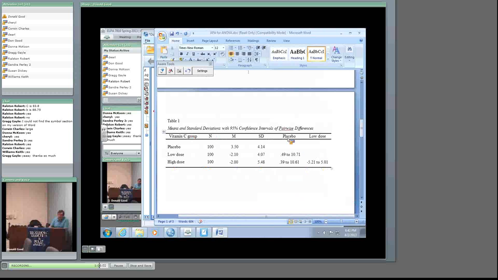I've got a column for placebo and low dose. I don't have one for high dose because I don't need it. So placebo and low dose is this. Placebo and high is this. Low and high is this. So that gets all three ways that we can compare the groups together.